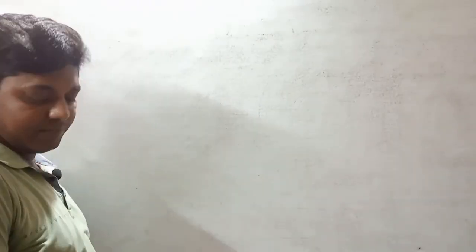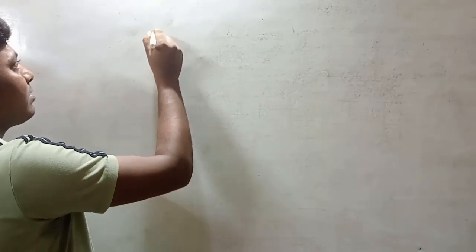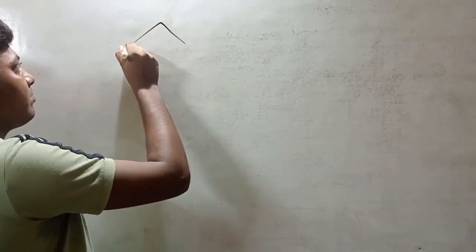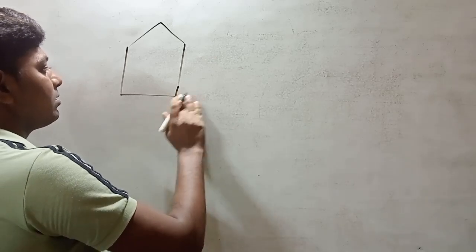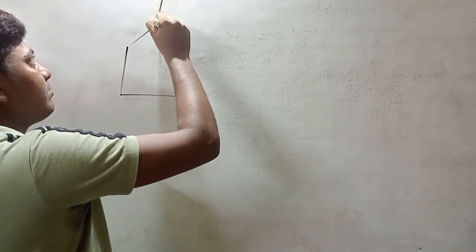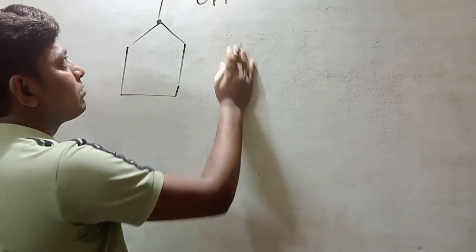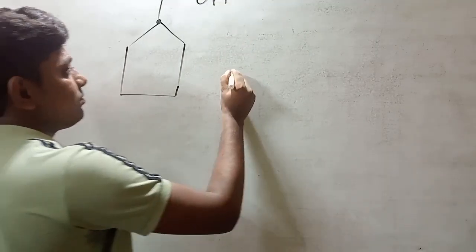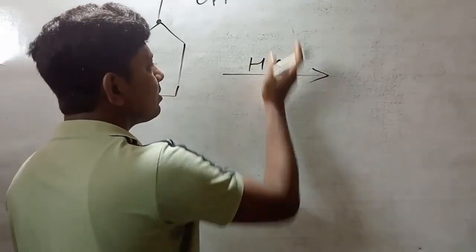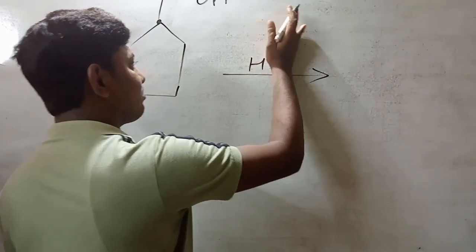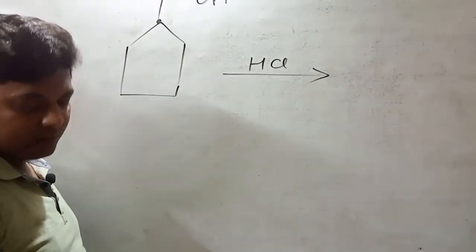Let's see one example of ring expansion. After the reaction with the HX molecule, we use X to replace chlorine.